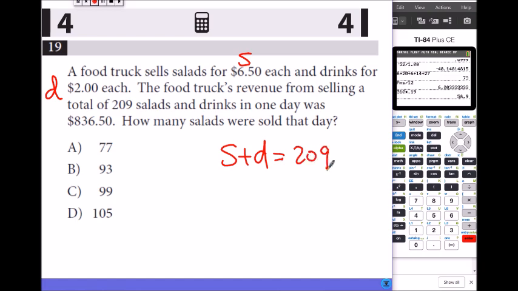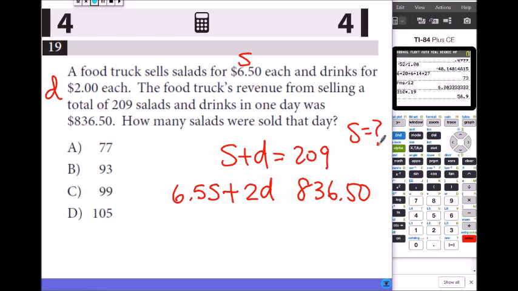They sold a total of 209 salads and drinks in one day, and the profit was $836.50. So the salads cost 6.5 S, number of salads, and drinks were $2 each times D. So how many salads were sold? So we're solving for S.